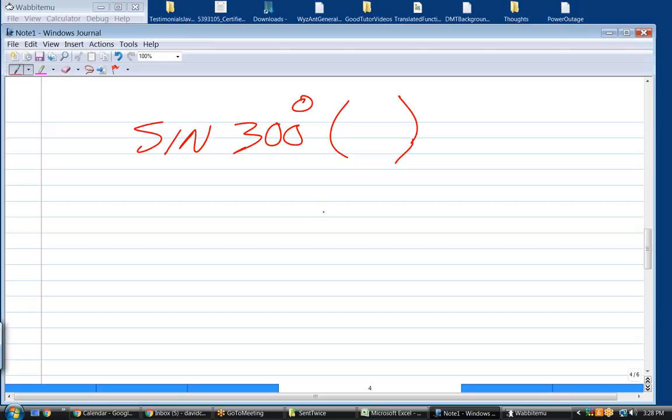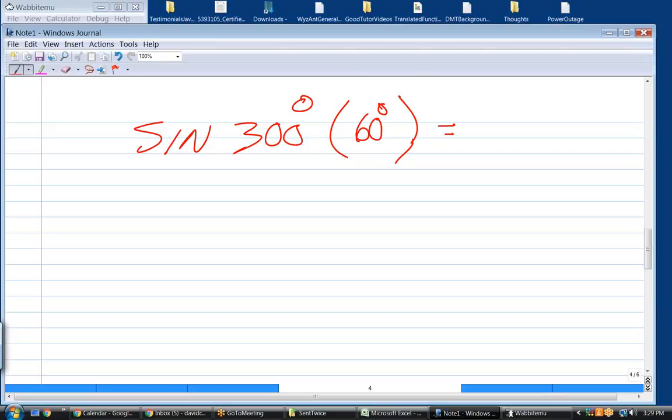So the reference angle is going to be 60 degrees. Now find the absolute value of the sine of 60. In other words, let's not worry about the plus or minus sign. Let's just worry about what the value is for the moment.